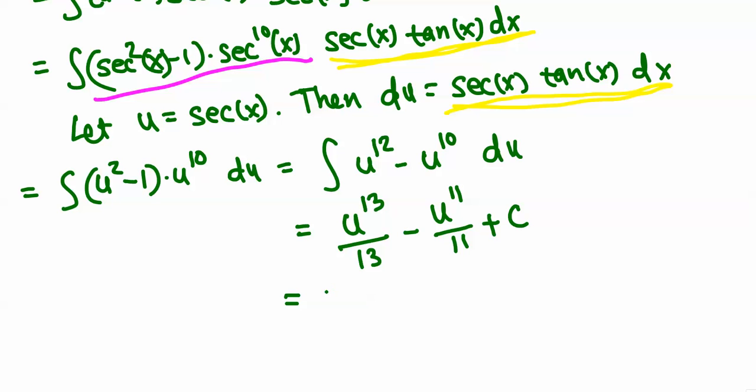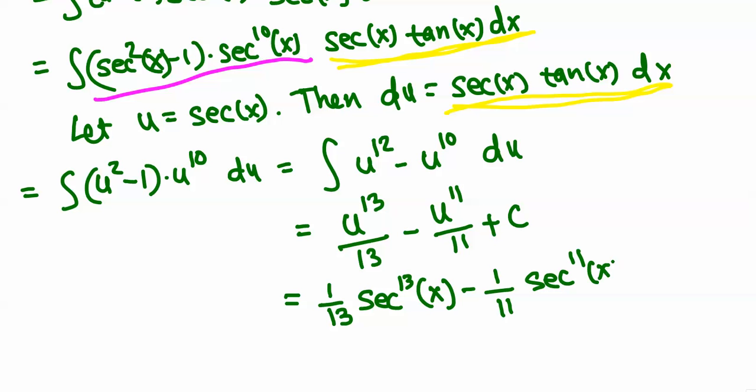This is 1/13 u to the 13. u is secant, so secant^13, minus 1 over 11 u to the 11, that's secant^11, plus C. That's fine.